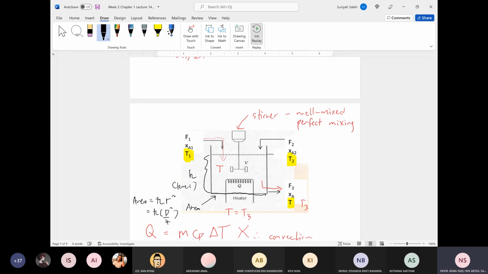So this is the standard formula for the area of a cylinder. Either you can use the radius or the diameter. Both are acceptable.